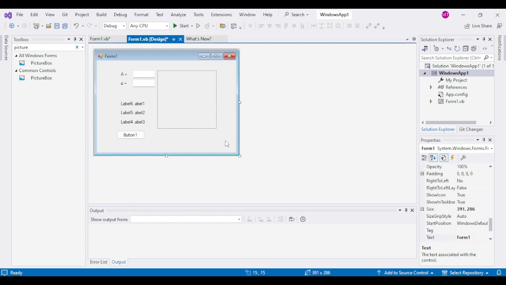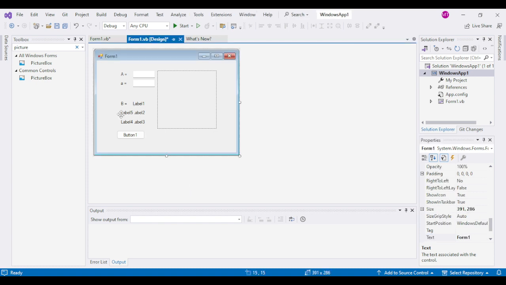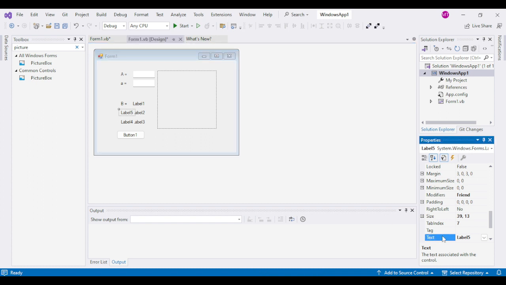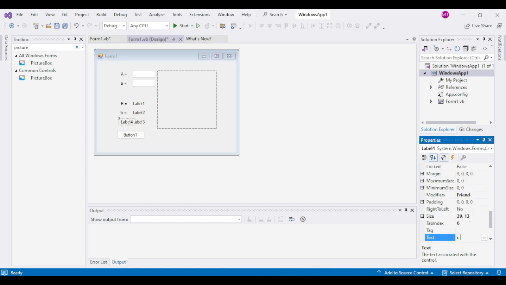Then this is the angle B, so B equal capital B. Then small b, b equal. Then small c, c equal.